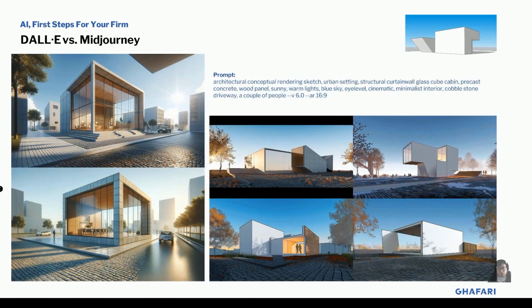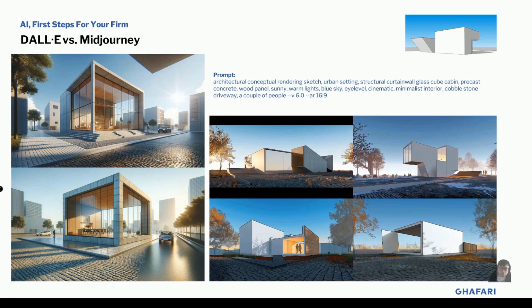This time I wanted to try a massing study image example to render different options. As you can see in the upper right corner, I used SketchUp to create this massing study. Based on this image, I uploaded it to DALL-E and Midjourney to see how they can provide some concept images. DALL-E almost stayed the same even with the uploaded massing study image.